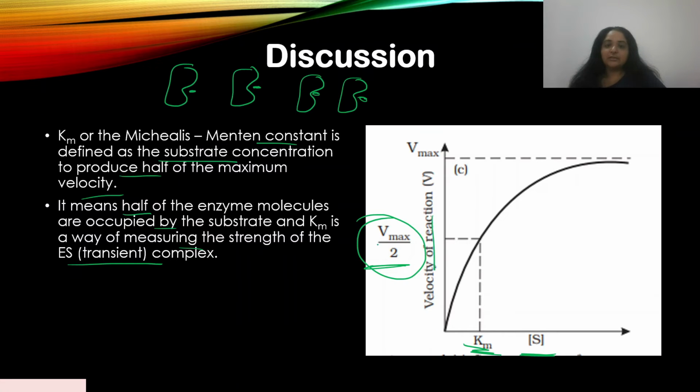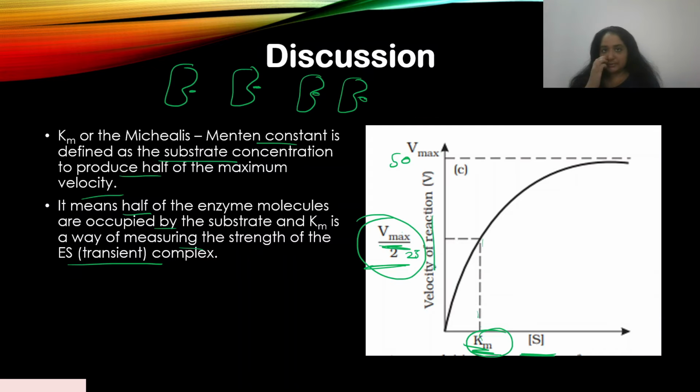Then you can find half of Vmax. Now what will be Vmax by 2? This is 50, so this will be around 25, right? Then you can find the substrate concentration over here. This substrate concentration will be Km, and this is done only for one type of enzyme.